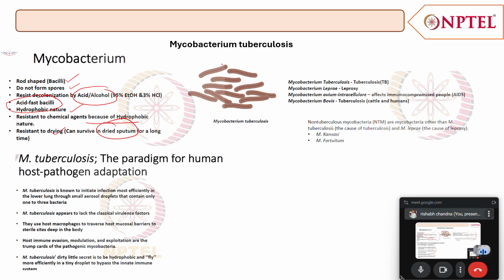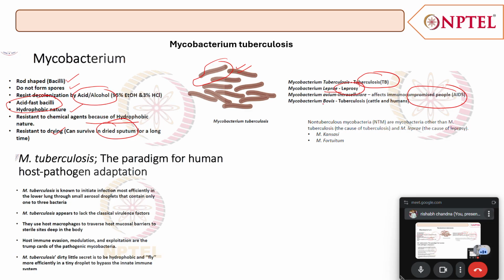So these are rod-shaped bacteria, as you can see. There are different species of Mycobacterium that cause different diseases. For example, Mycobacterium tuberculosis causes TB, that is tuberculosis. Mycobacterium leprae causes leprosy. Mycobacterium avium intracellulare affects immunocompromised people, for example those suffering from AIDS.